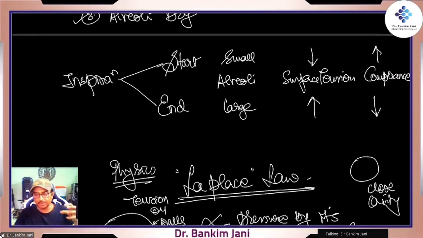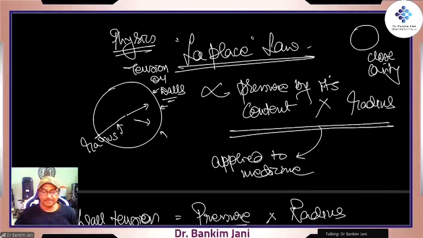Previously, surface tension was trying to collapse it, so it was unable to expand because there is a collapsing force, the negative force that is more. So in inspiration there is a decrease in surface tension and an increase in compliance, and vice versa.